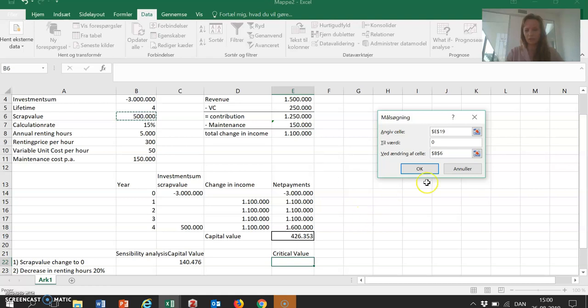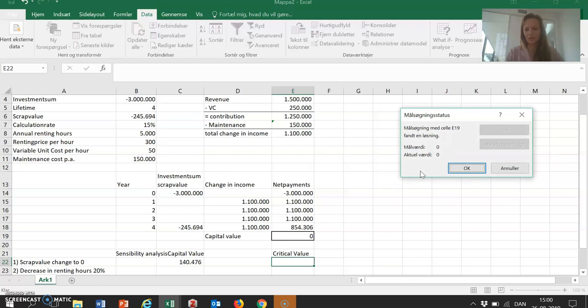Here we have the capital value cell. We want it to be a big round 0 because this is the critical value for all investment profitability. By changing the scrap value and press enter, and then watch what happens to the scrap value number over here, okay?